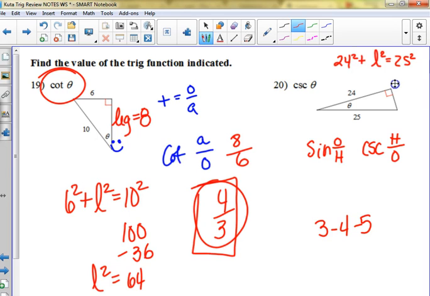Now, is it 1? No, you can't just do 25 minus 24, right? You got to do the squareds and all that fun. Is it 7, am I remembering right? Okay. So then hypotenuse over opposite would be 25 sevenths. Anybody lost? Okay.